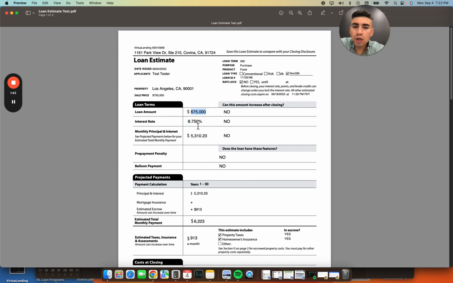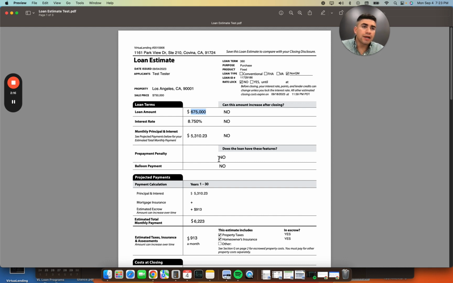Okay, moving forward here, you will have your principal and interest payment. Again, this is only your principal and interest payment, which is also known as your loan payment, your mortgage payment, principal and interest only. Does this loan have any of these features, a prepayment penalty or a balloon payment? No and no. One thing to be mindful of, guys, is that if you're buying an owner-occupied home that you intend to live in, there cannot be any prepayment penalties.